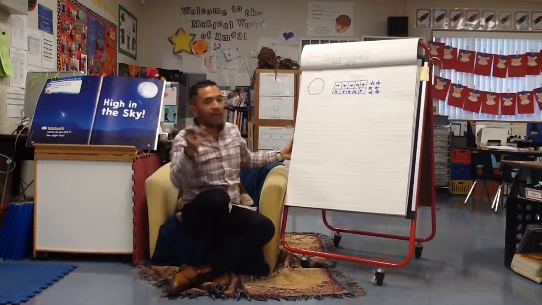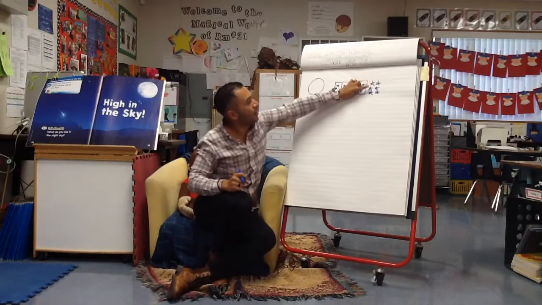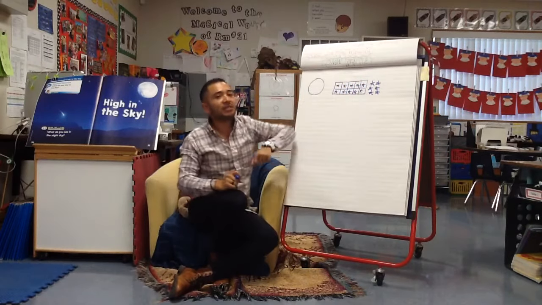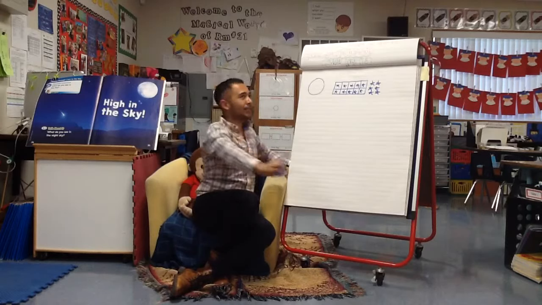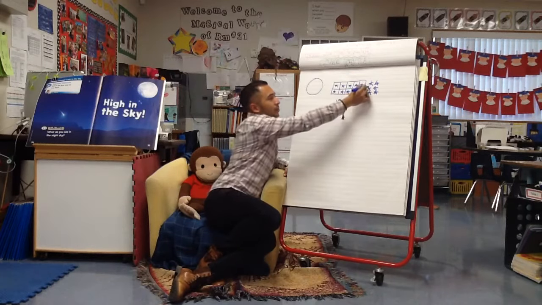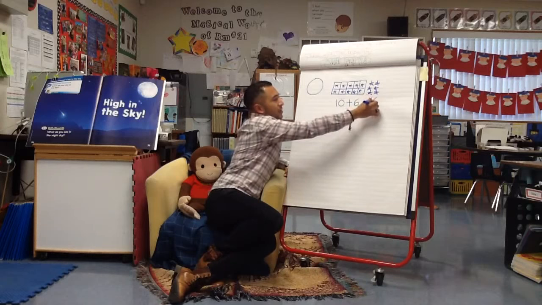Okay, I should know right away this is 10, 11, 12, 13, 14, 15, 16. I have a total of 16 stars. But wait, I need to go ahead and write my equation. 10 plus 1, 2, 3, 4, 5, 6 equals 16.